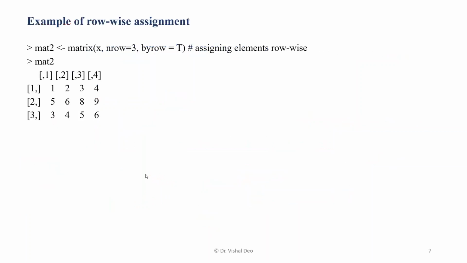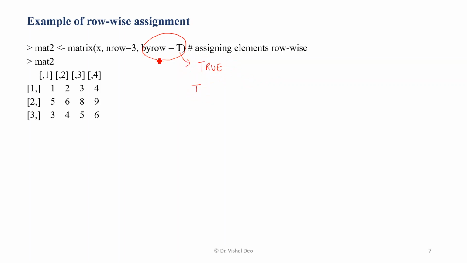So if we want the values to be assigned row wise instead of column wise, then we have to add a third argument to it, which is byrow equal to T. You remember T stands for TRUE, so either you can type the complete TRUE in capitals or you can simply type capital T, that will be TRUE.